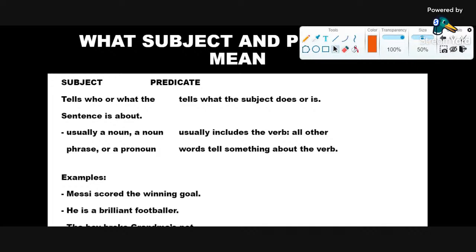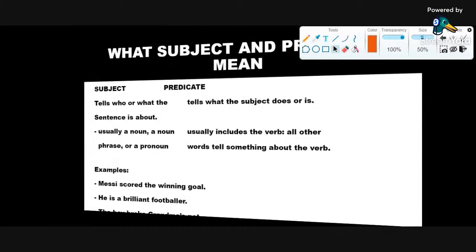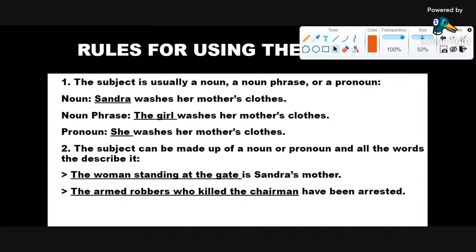So the predicate tells us about the subject, and the subject tells us who or what the entire sentence is really about. Now we have looked at the specific examples, and let's begin to look at the rules for using the subject.